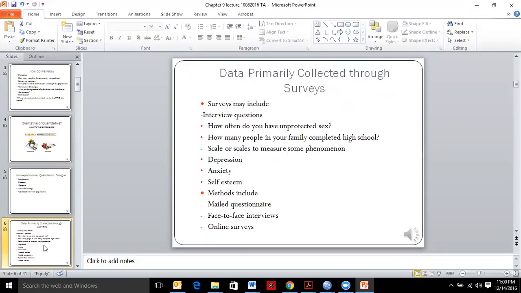So for example, depression, anxiety, self-esteem. There are scales that measure all these phenomena or problems or issues. When we want to administer these surveys, there are a lot of methods, like mailing the questionnaire, face-to-face interviews, and also online.